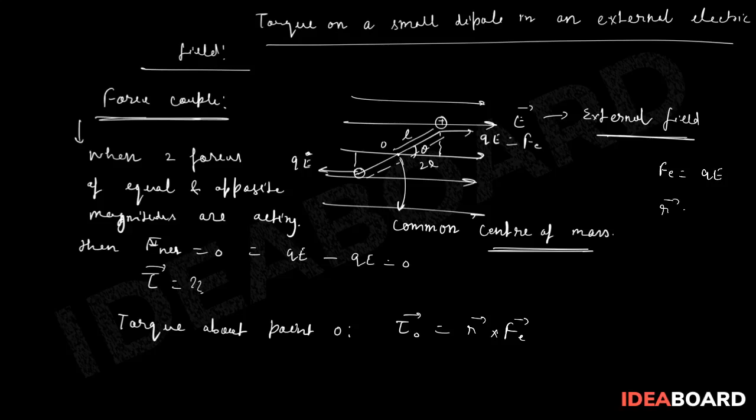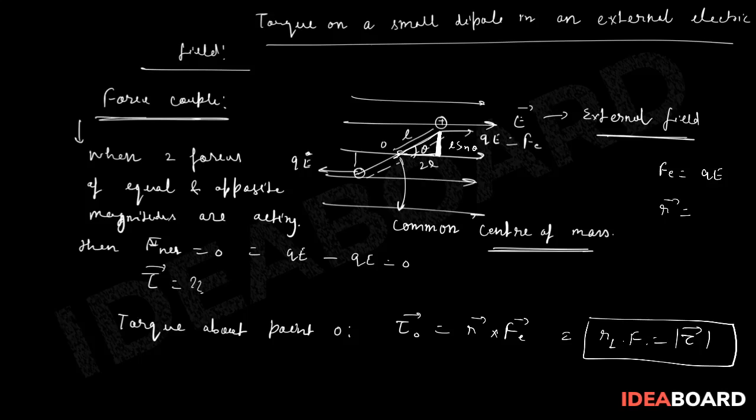And r perpendicular, the vector r perpendicular, so here this is L. If you see this triangle, this distance will be the perpendicular distance, right? So we can write torque as r perpendicular into F, and the value of r perpendicular is nothing else but L sin theta in this triangle.